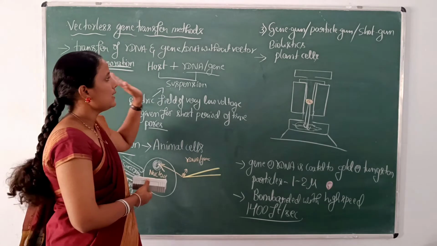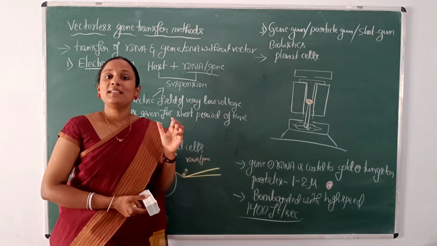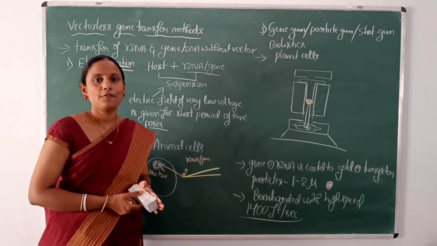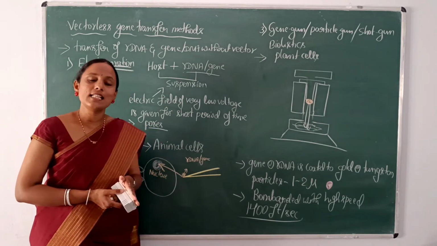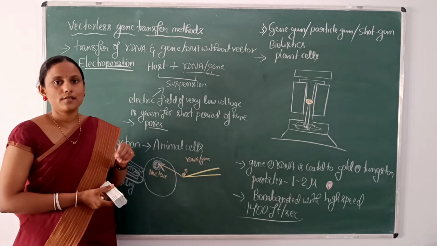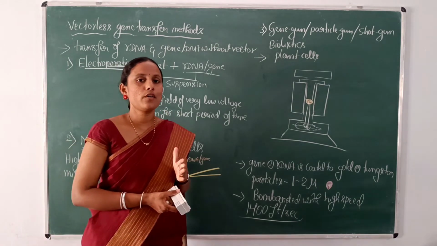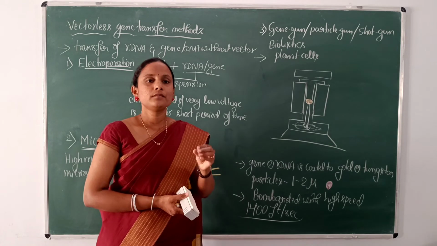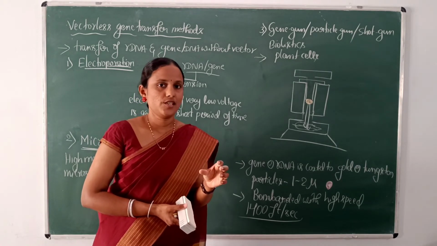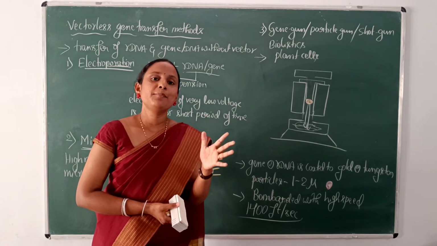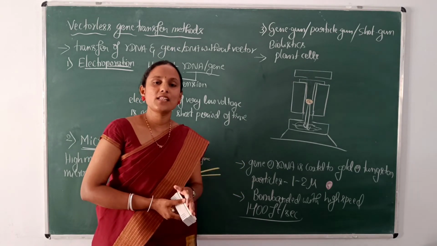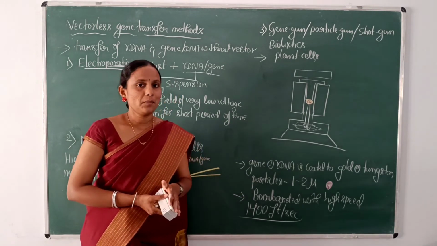Apart from this, some disarmed pathogens are also used for transferring genes into the host. For example, we have studied already in the previous videos that the Agrobacterium tumefaciens Ti plasmid is disarmed, and it is used for transferring genes to dicot plants.